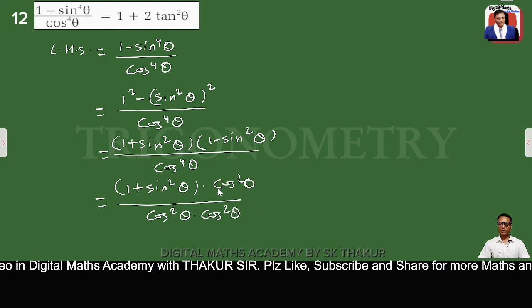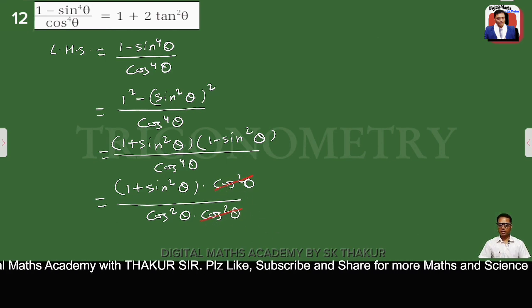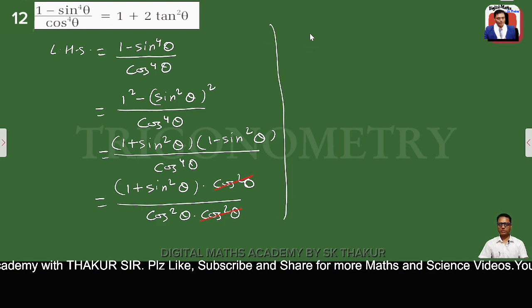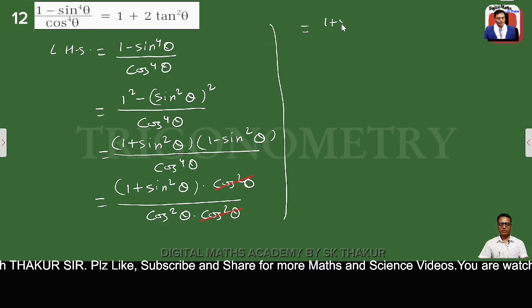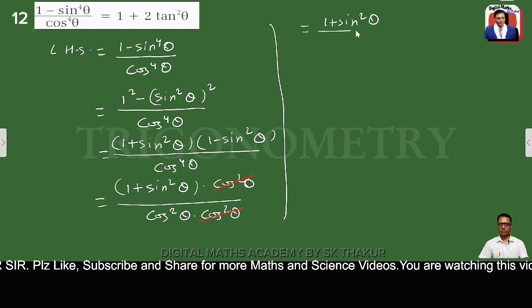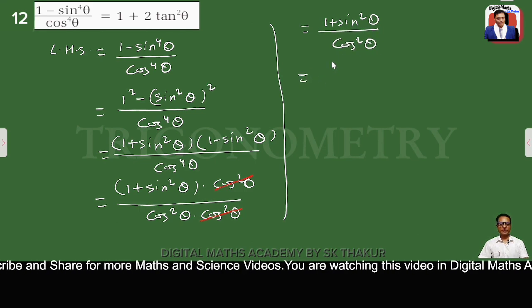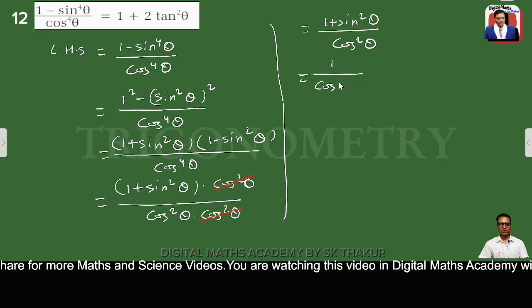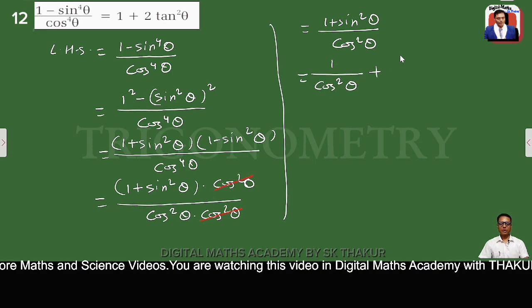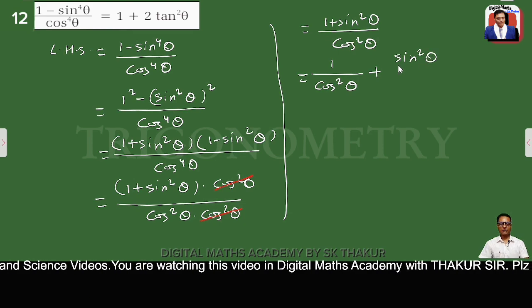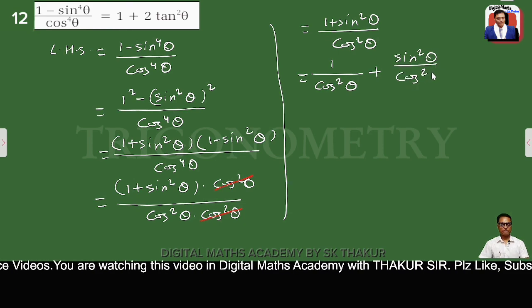So cos square we can cut up and down, and remaining we write here 1 plus sin square theta over cos square theta. Now we are going to separate the base: 1 by cos square theta plus sin square theta over cos square theta.